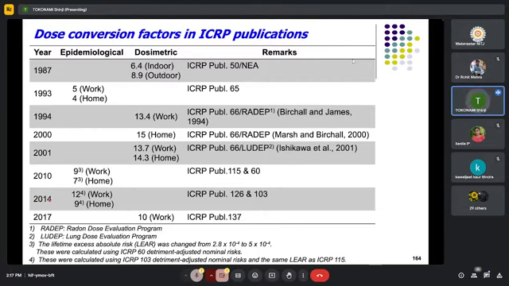In 2014, ICRP Publication 126: 12 millisievert per working level month at work, 9 at home.